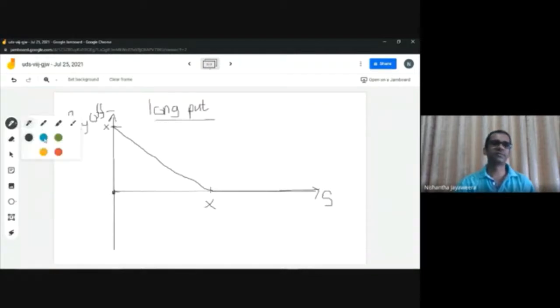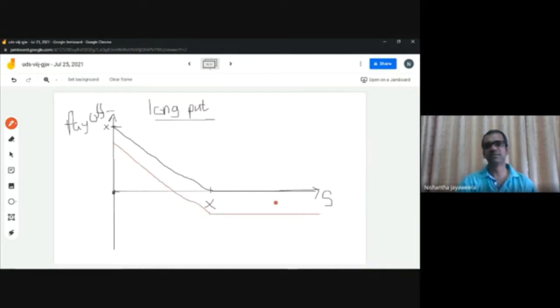But what is the profit diagram? So this payoff will go down by an amount equal to the premium. So it will be something like this. What is this difference? That difference is the premium.